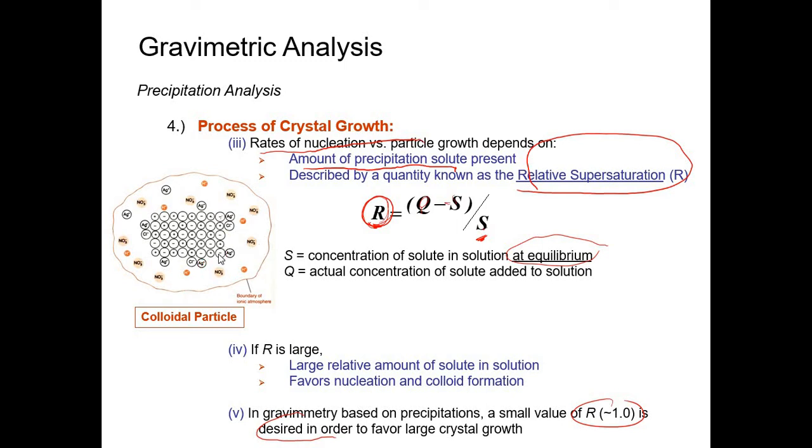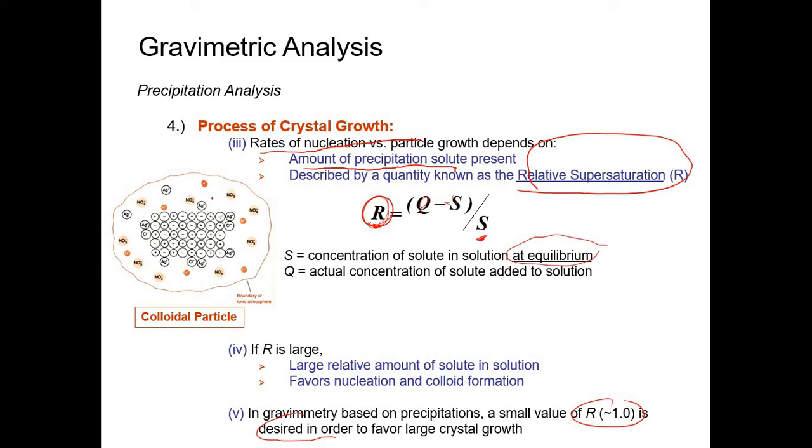In a colloidal particle, this is a silver chloride colloid. The tendency is that the positive ions, like the nitrate or H+, will surround this, they will crowd the colloid. Okay, this is the boundary of the ionic atmosphere.